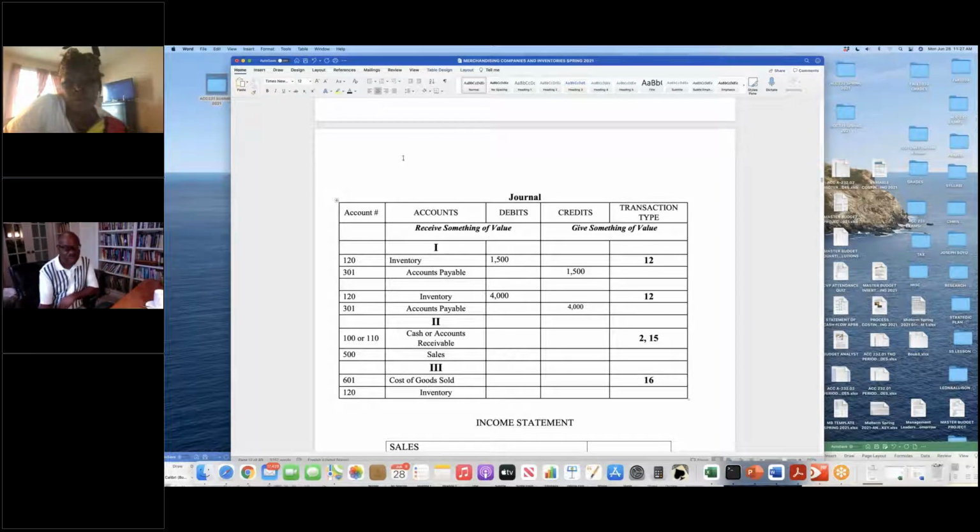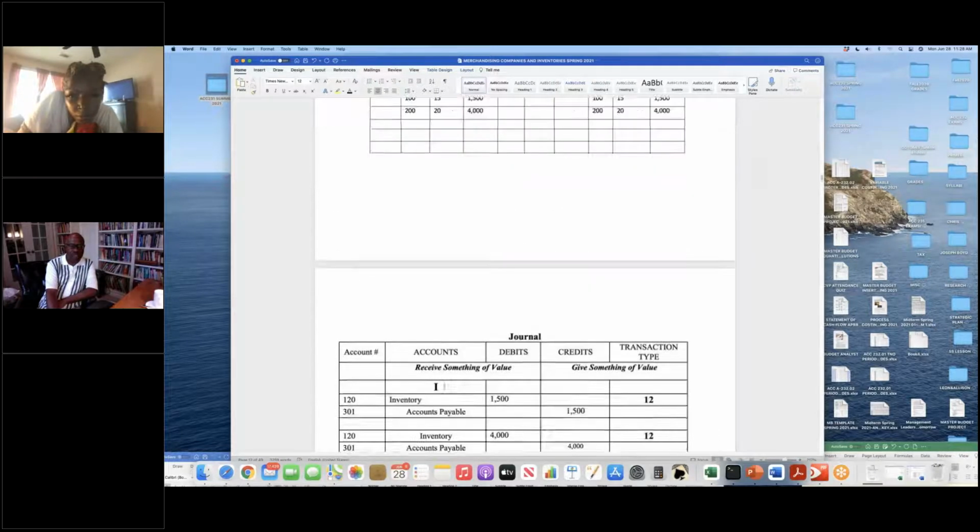And see what you're seeing now is that the journal entries are not changing, but we need a journal entry 2 where we're going to debit cost of goods sold and credit inventory.